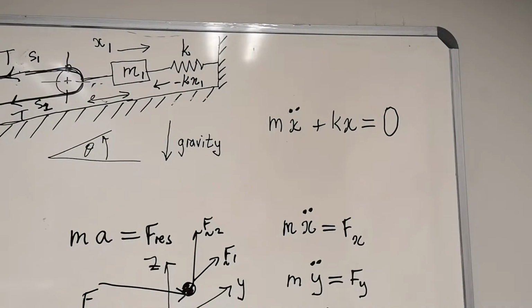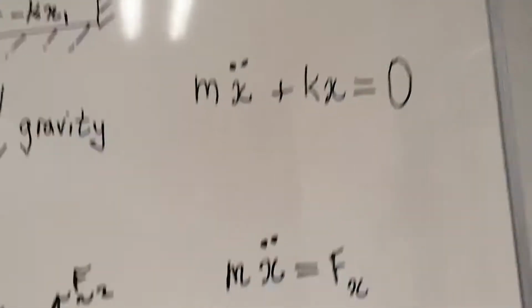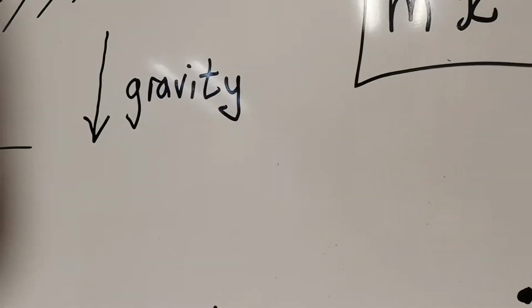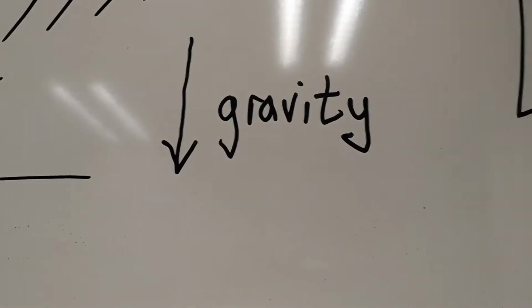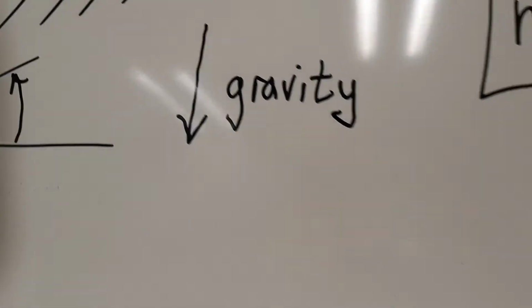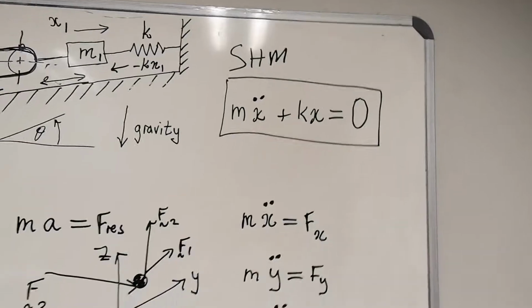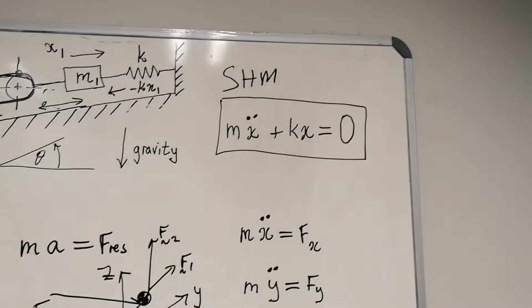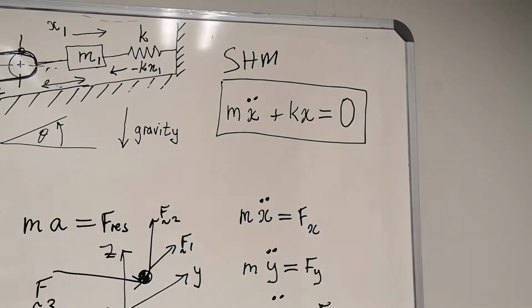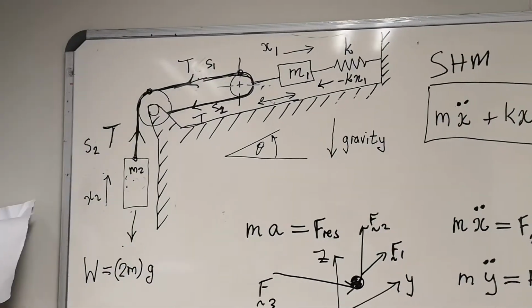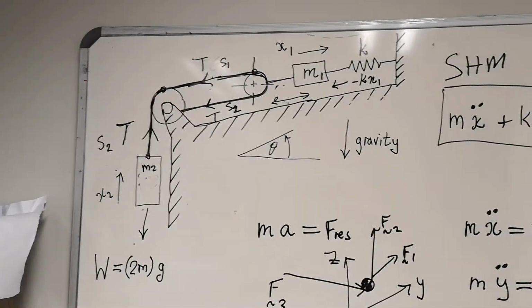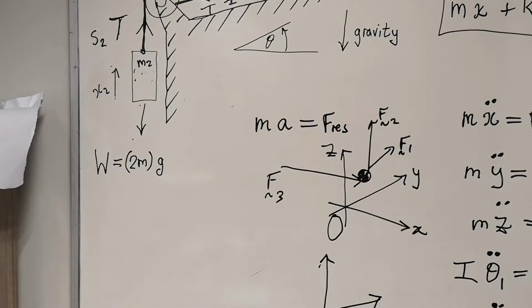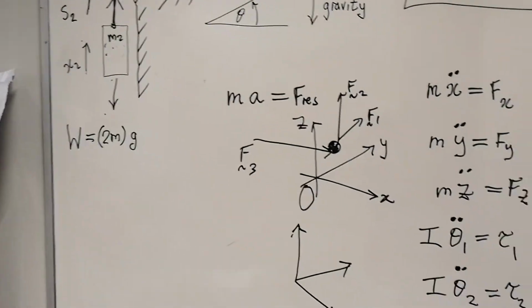This equation of motion is known as simple harmonic motion, SHM. Simple harmonic motion means it's basically an oscillation, and the oscillation would be for the mass m1 going up and down the incline and the mass m2 going up and down.